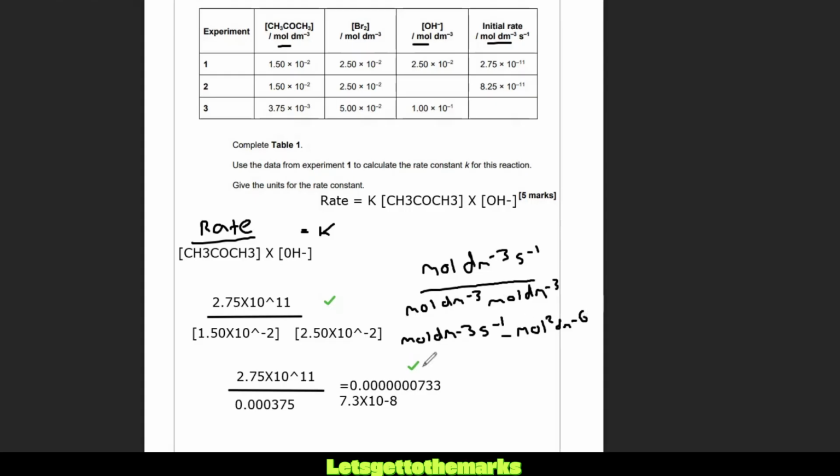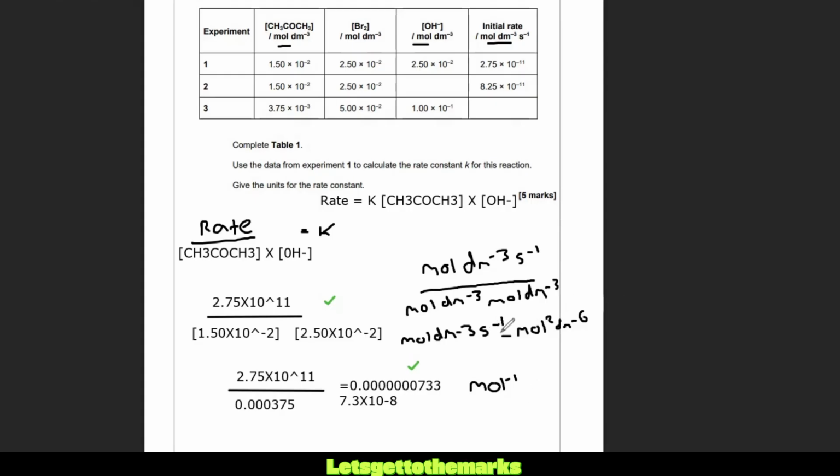And when I do that, you're going to get mole minus mole squared, which is mole to the minus 1. Then I'm going to go dm minus 3 minus minus 6.